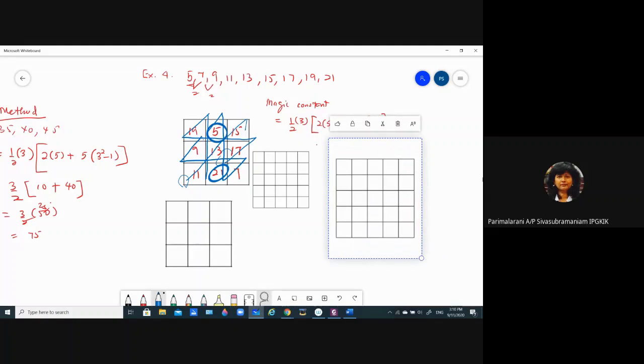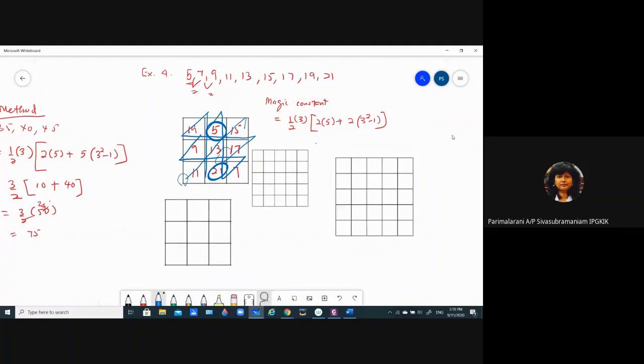Okay, so we are still doing odd number magic squares. What is the order of this magic square? Order 5, so it's 5 times 5. If we want to put in numbers 1 up to 25, this is a normal magic square.